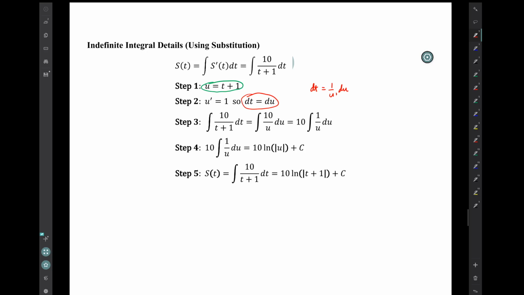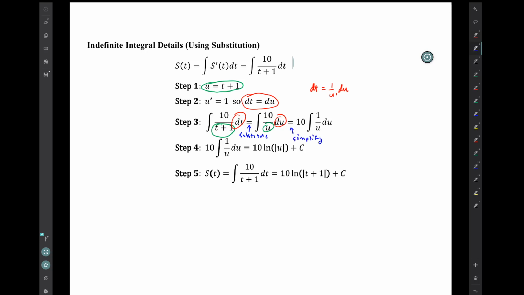Step 3 is to substitute, cancel, and simplify. So here we substitute. We do the green substitution, replacing t plus 1 with u. We do the red substitution, replacing dt with du. And there is no cancellation to be done, but there is some simplifying. I can bring out that multiplicative constant 10.